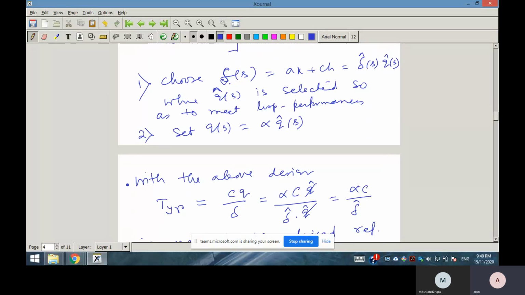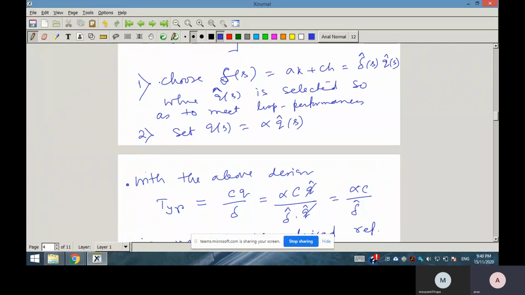Once you choose this delta(s), the K(s) and H(s) polynomials you can determine using the Sylvester matrix approach, or just by comparing the coefficient of s to the power i of delta(s) and s to the power i of the right hand side polynomial.